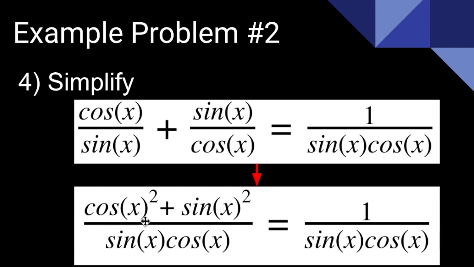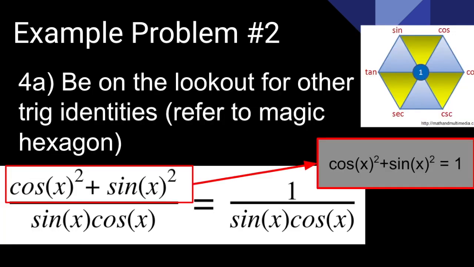And then you're left with cosine of x squared plus sine of x squared over sine of x times cosine of x. So now that we have this, we want to look for other trig identities that might come from the magic hexagon and help. So as you can see, we have cosine of x squared plus sine of x squared, and this is one of our Pythagorean identities, which can be found right over here.